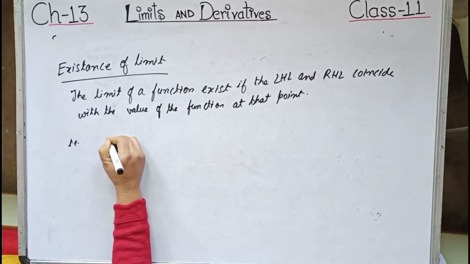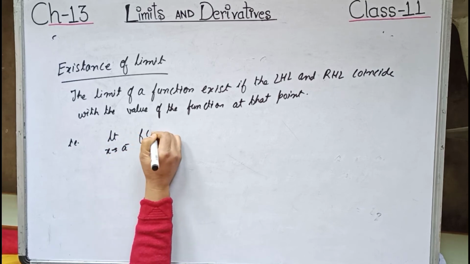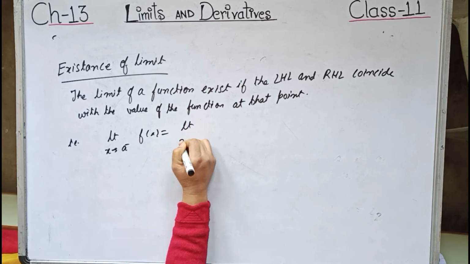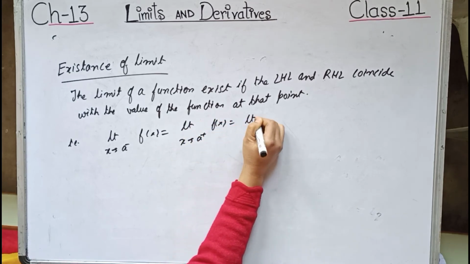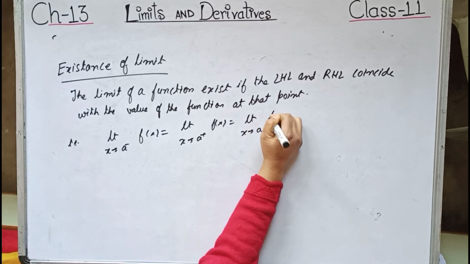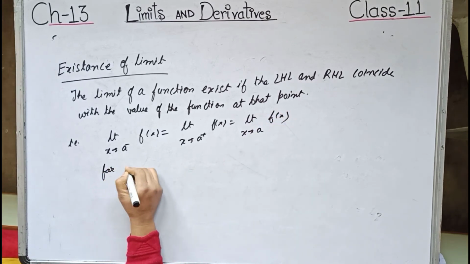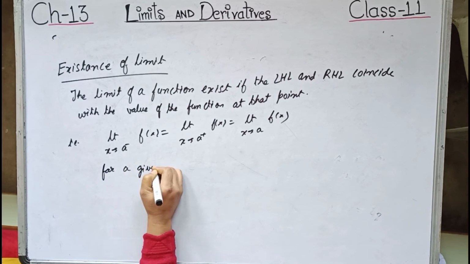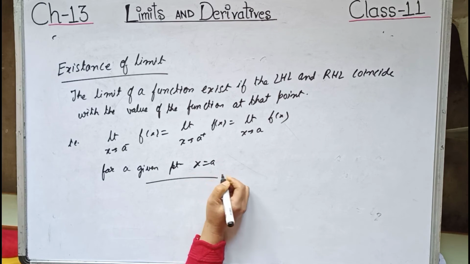That is, limit x tending to a minus f(x) equals limit x tending to a plus f(x) equals limit x tending to a f(x) for a given point x equals a.